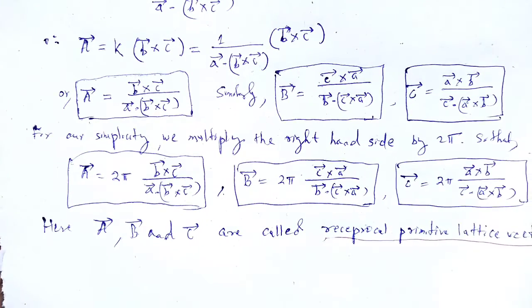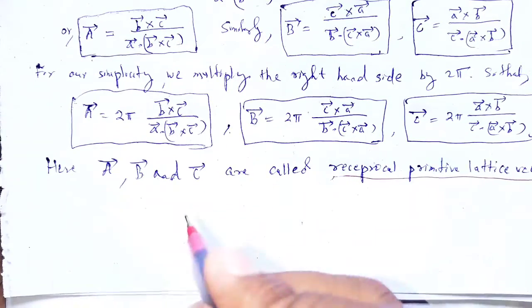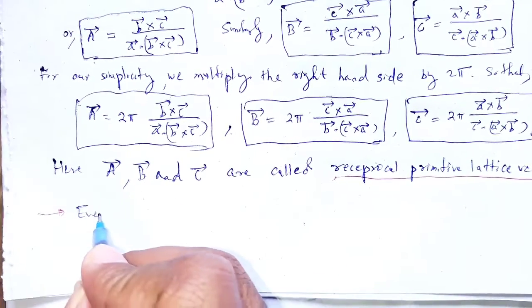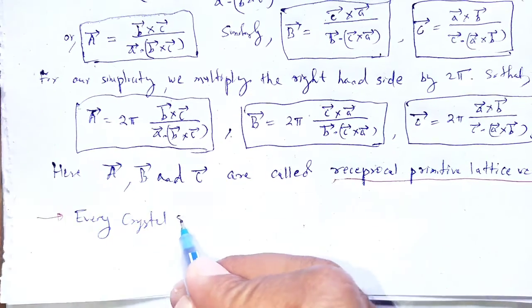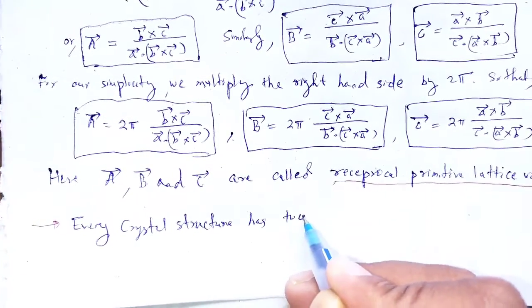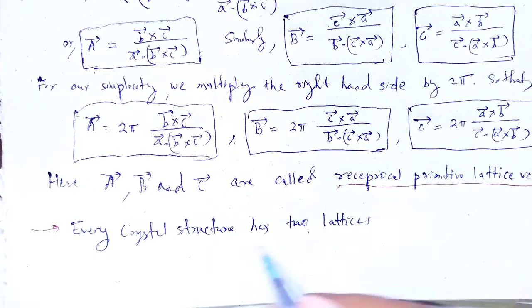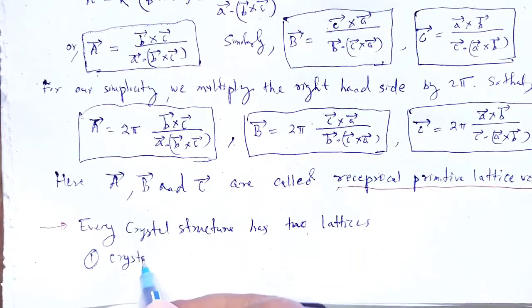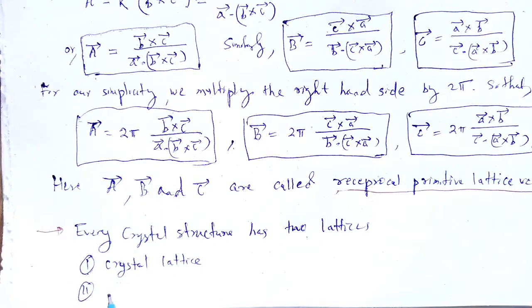So here, every crystal has two lattices, one as crystal lattice, another one as reciprocal lattice.